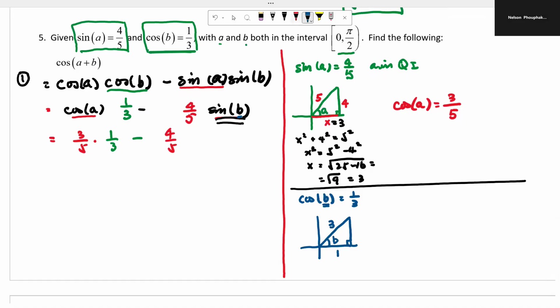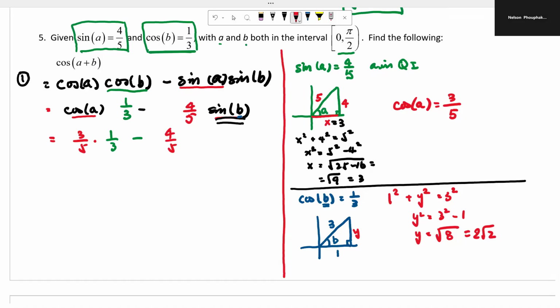Okay. Then what I need to do is find out what y is. So I have 1 squared plus y squared equal to 3 squared. Which gives y equal to 2 root 2.